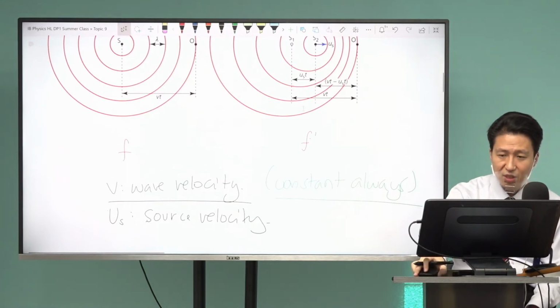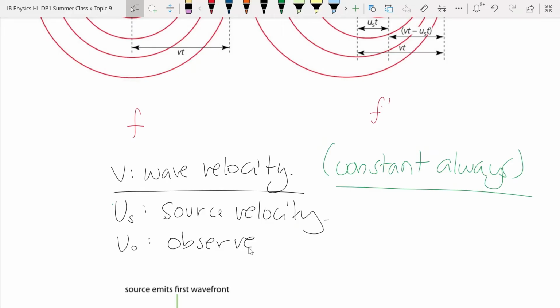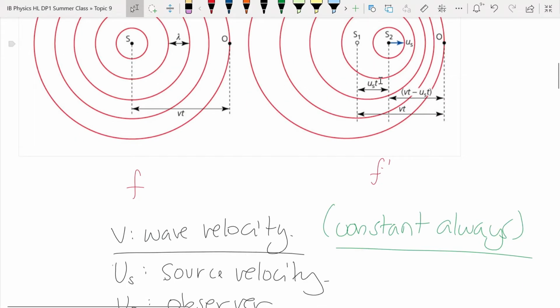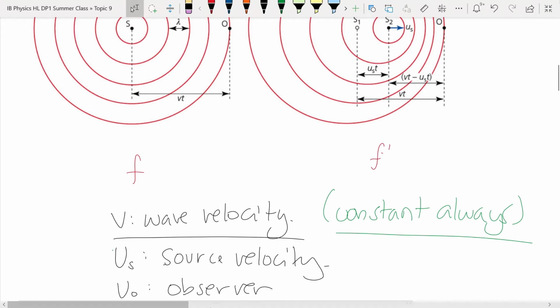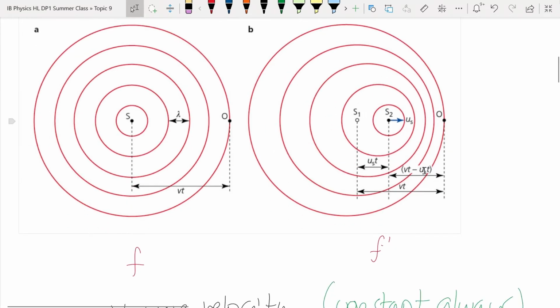If it's u sub o, this is the observer that is moving. In this example, only the source moves, so u0 equals 0, it doesn't move, right? Okay, so let's see what happens.